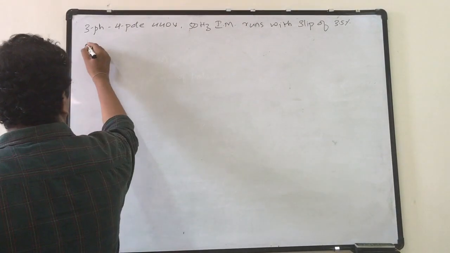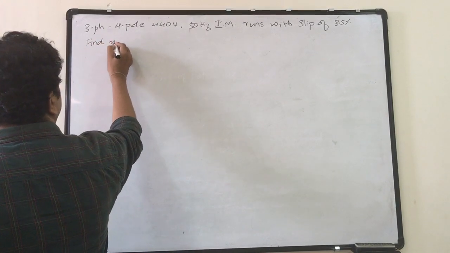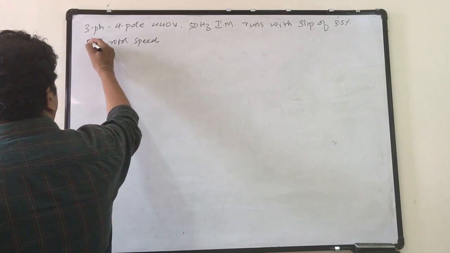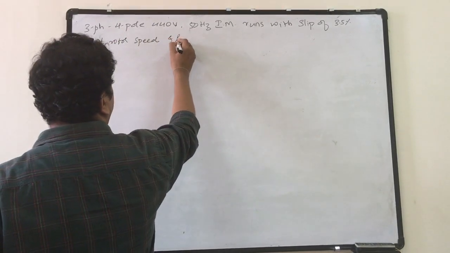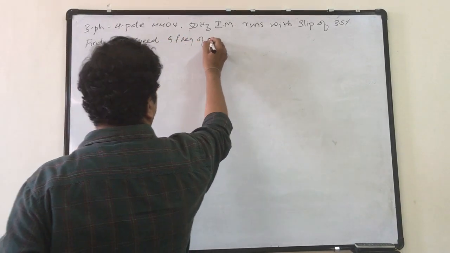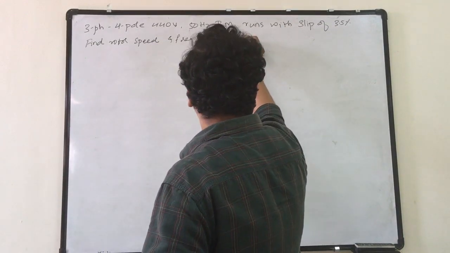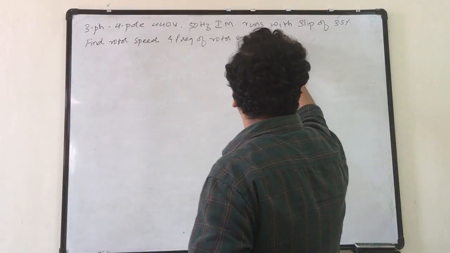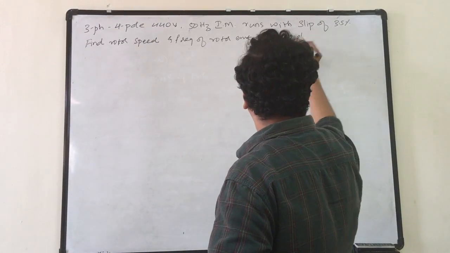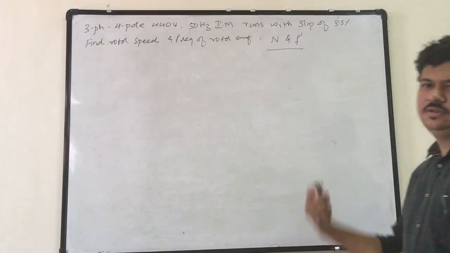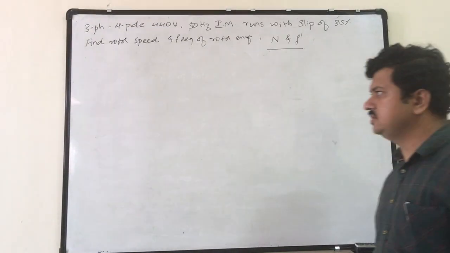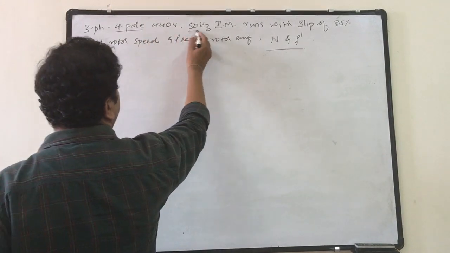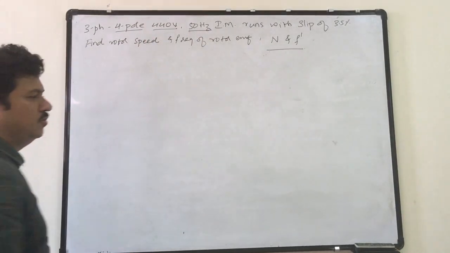So I need to find out N and F dash. Given things are P equals 4 poles, 50 hertz, 440 volt induction motor.